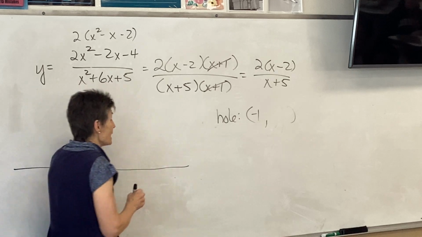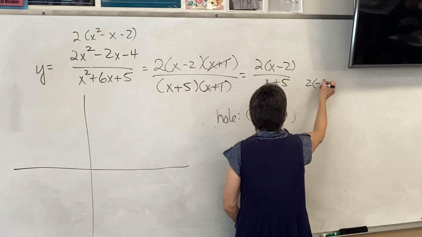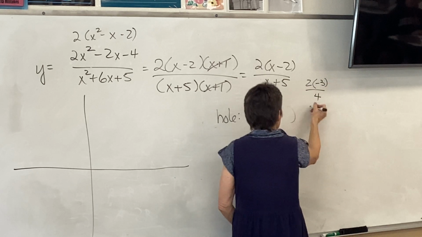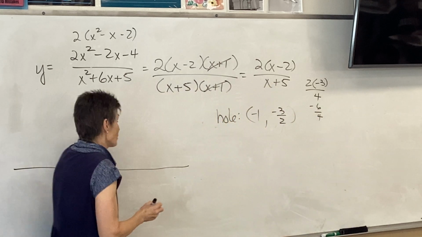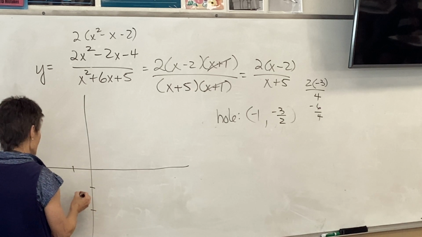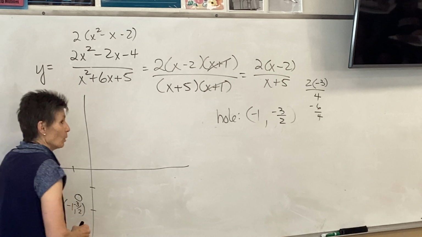So if I put -1 in here, I'm going to have 2 times -3 over 4, which is -6/4 or -3/2. So in my picture, -1, -3/2. Right there is the hole in my picture, the gap.